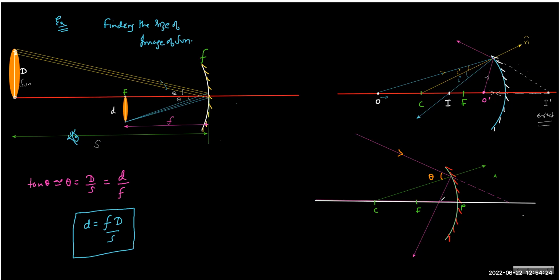You can see clearly they will intersect here. Now, is this image real or virtual? Real image. It means concave mirror.